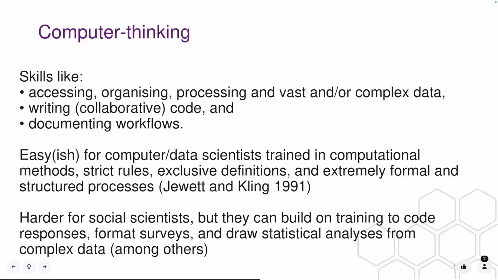These are all skills that computer scientists will find quite easy as they're trained in them, as well as data scientists who have been trained in computational methods. But for social scientists, it can be much harder to transition from a social science way of thinking towards a more computer science type way of thinking.